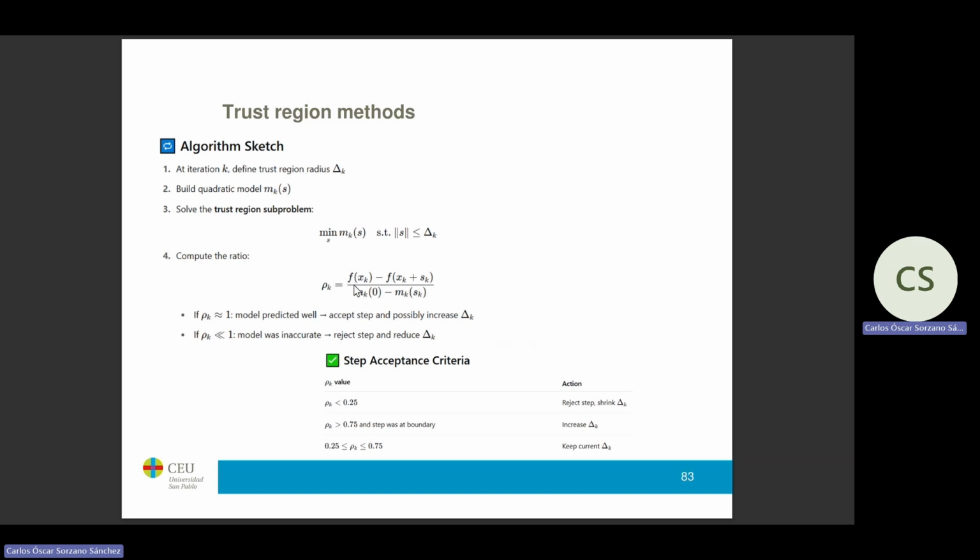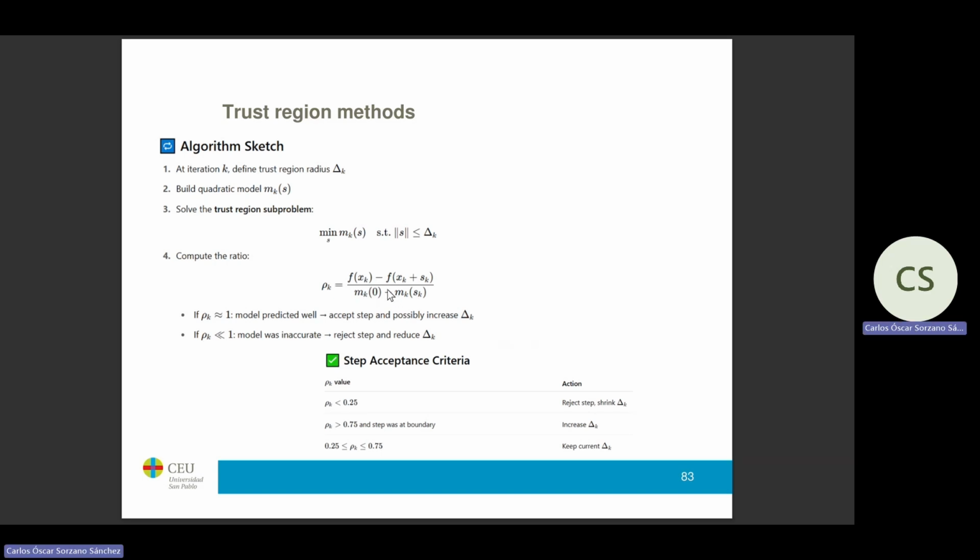So now, how should I update the trust region area? So you will compute a ratio. So this ratio is how much the function has changed with respect to how much the model has changed.